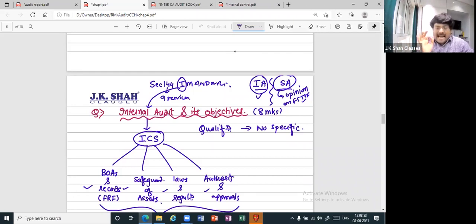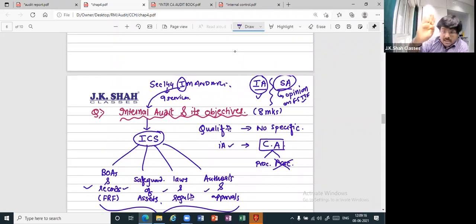However, having said that, when you talk about internal auditors, those who are appointed in real life are chartered accountants, whether or not in practice. Even if they are practicing or non-practicing, if you are a chartered accountant, can you become an internal auditor? Yes.